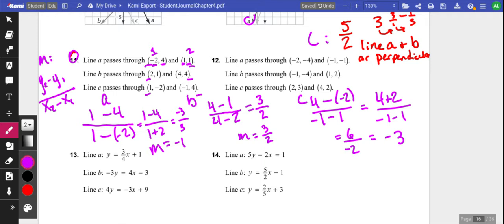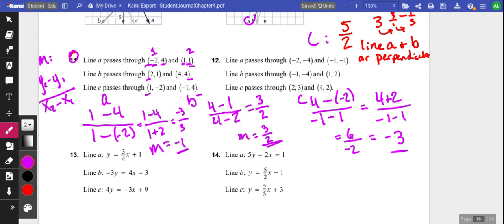Okay, so looking at all these values, I'm thinking, is anything the negative reciprocal to each other? I've got 2 3's here, but if these were negative reciprocals, it would be negative 3 over 2, not just negative 3. And nothing's the reciprocal to negative 1 here, because the reciprocal of 1 is 1.